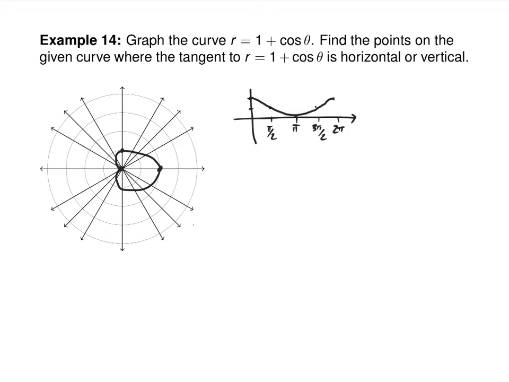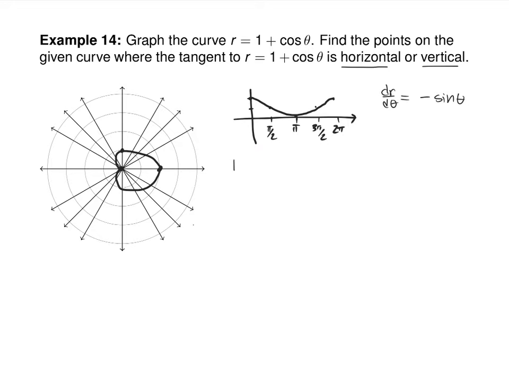Now, figuring out where the tangent is horizontal and vertical, what's that going to involve? The derivative, right? So first of all, dr d theta is negative sine theta, right? That would tell us where we have horizontal and vertical tangents in regular Cartesian coordinates. We don't care about Cartesians, we care about polars.